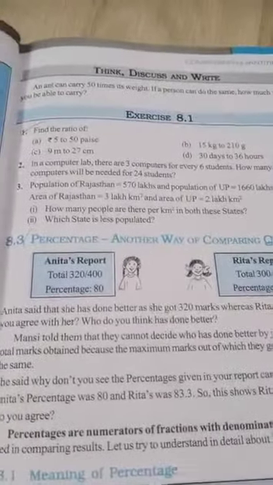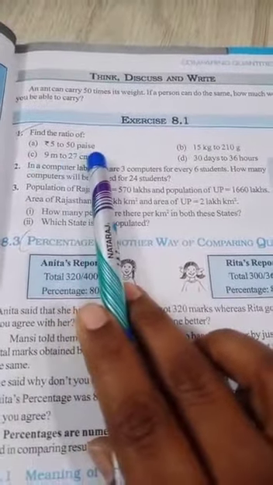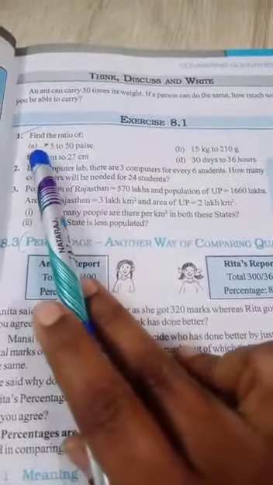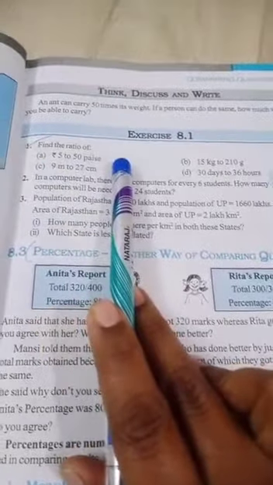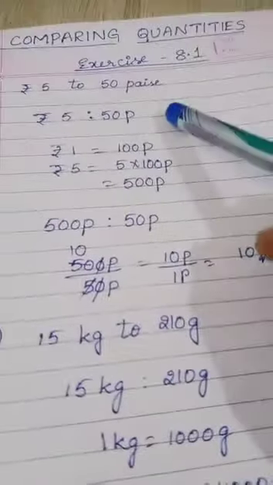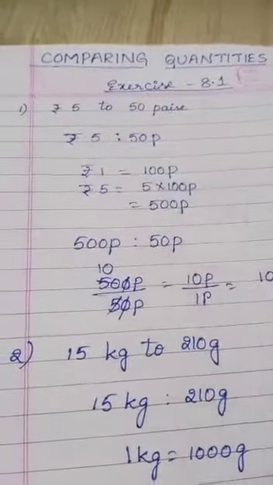See here in 8.1 they have given: find the ratio of rupees 5 to 50 paise. Here we can see two different quantities, rupees and paise. We know that 1 rupee is equal to how many paise? 100 paise. So here, rupees 5 to 50 paise.